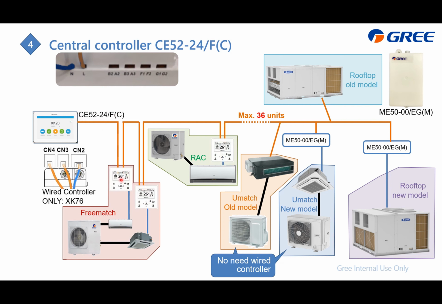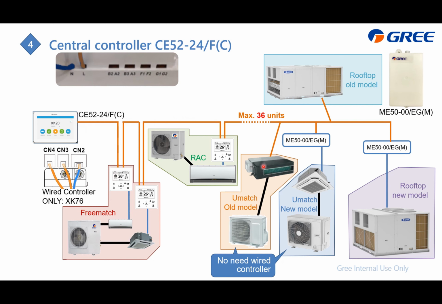And as for this free match or the RAC, we need to apply the SK476 as an adapter to output the standard RS485 signal. Then you can connect to the central controller, this one.